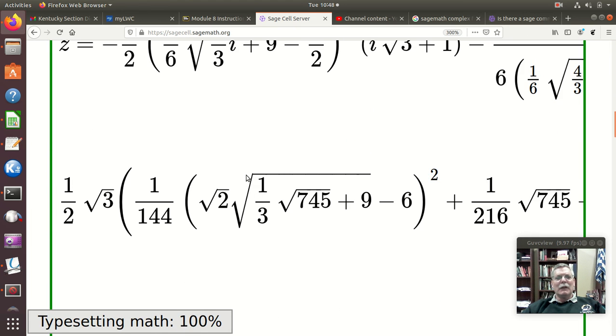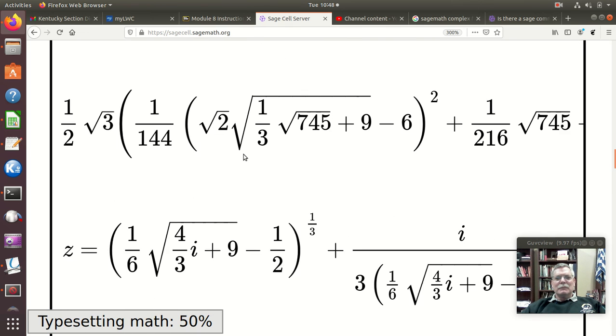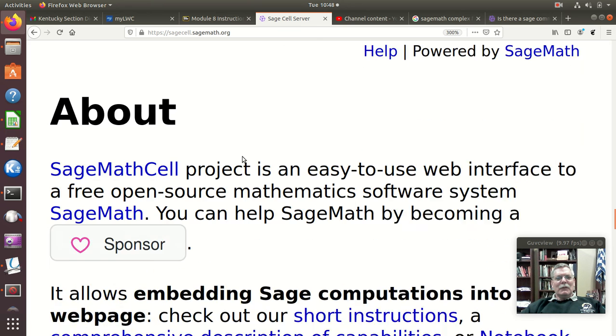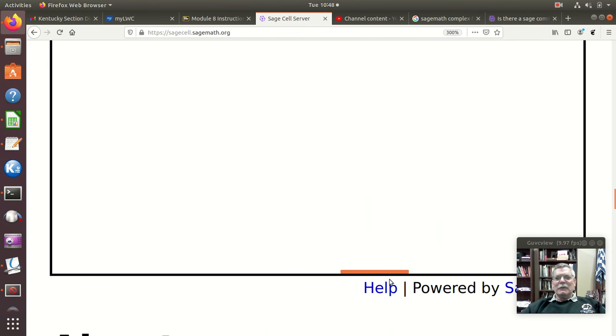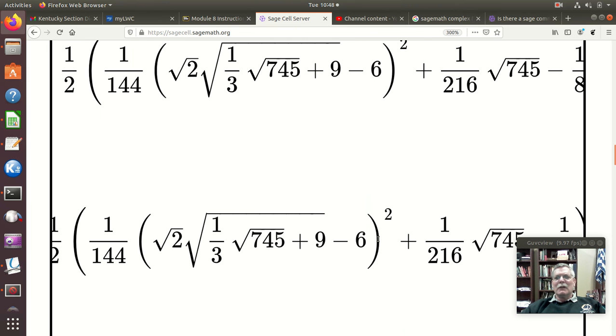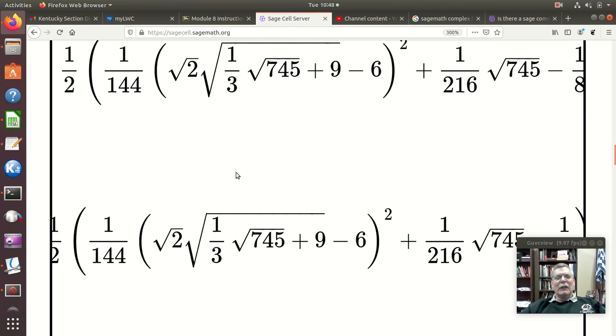Whoa, that's kind of big. So we got a bunch of stuff, but yeah, it's kind of long. Wow. You know, so I could make this much smaller font and so forth, and try to look at the whole thing. But there you go.